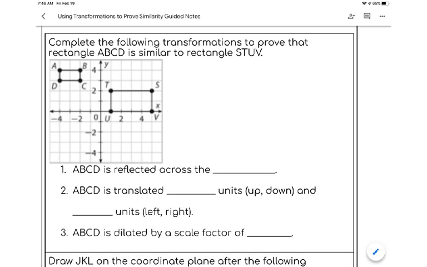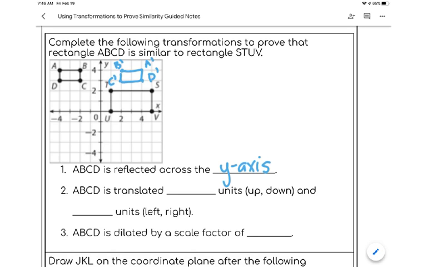So when we reflect it, it's now going to look like this. Then we're going to have to move it a little bit to get it to where we want it to be, and then dilate it.